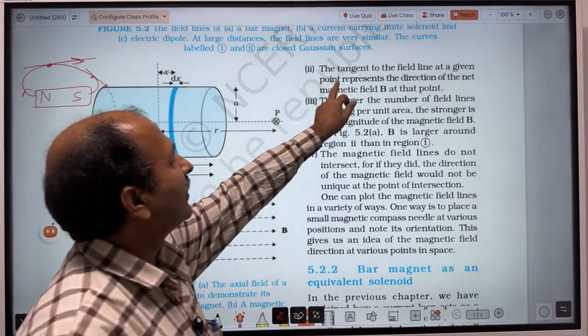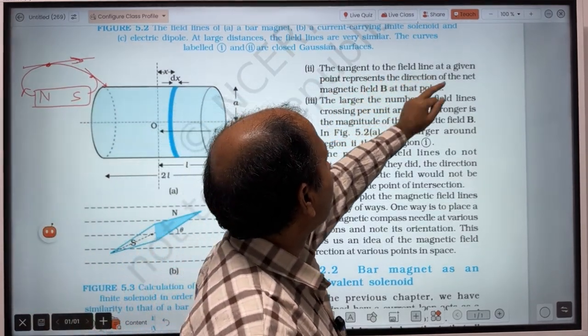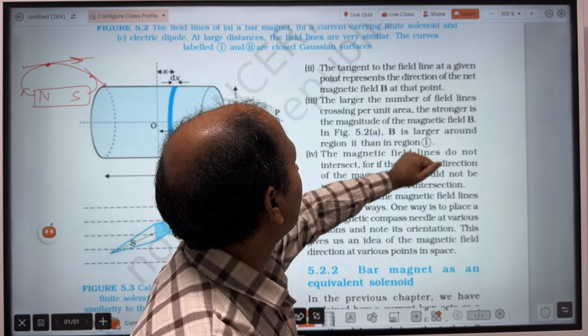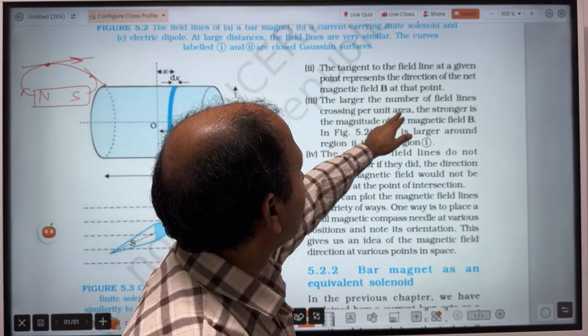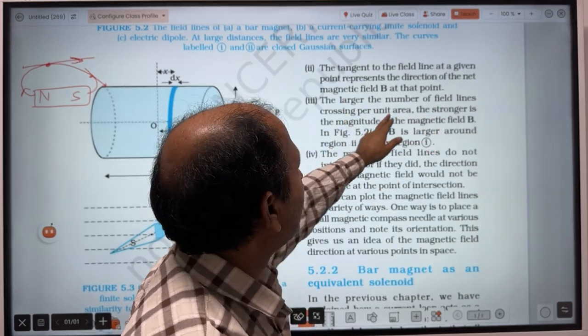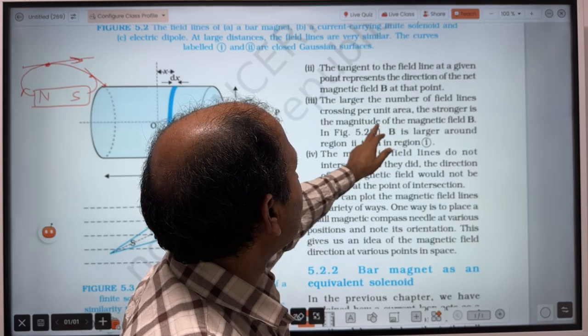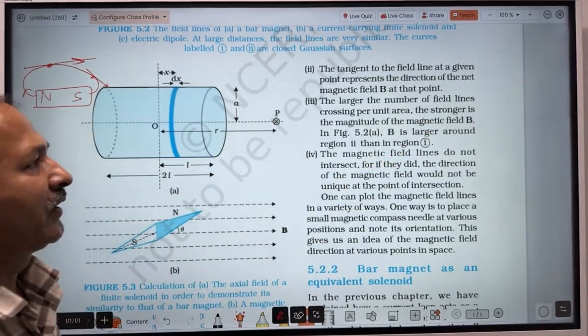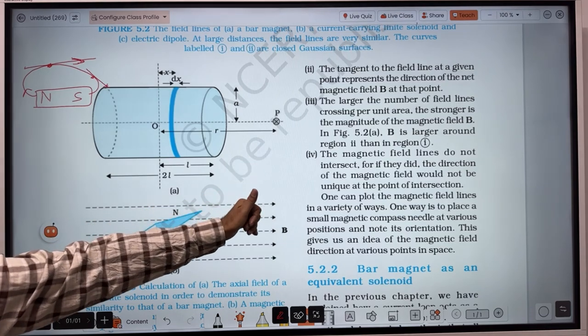The same thing is given here. The tangent to the field line at a given point represents the direction of the net magnetic field B at that point. The larger the number of field lines crossing per unit area, the stronger is the magnitude of the magnetic field. So the strength of the magnetic field depends on the number of field lines.